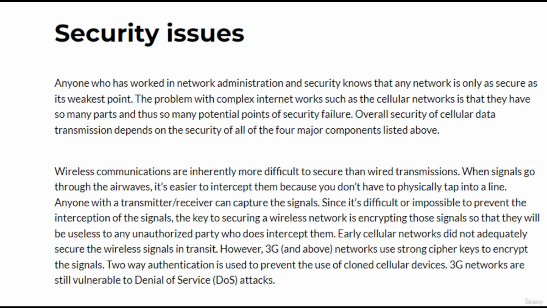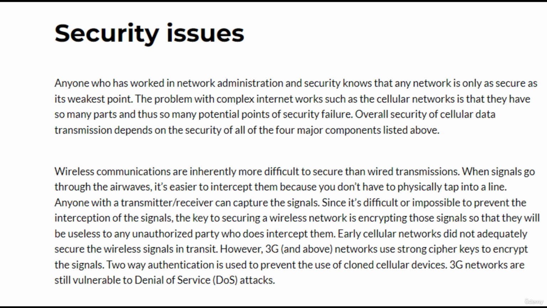Wireless connections are inherently more difficult to secure than wired transmissions. When signals go through the airwaves, it's easier to intercept them because you don't have to physically tap into a line.